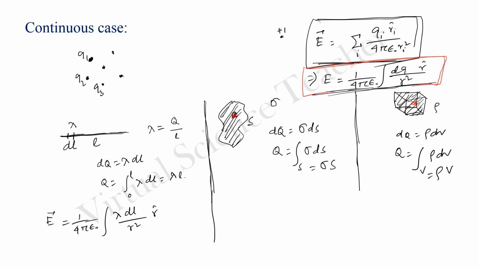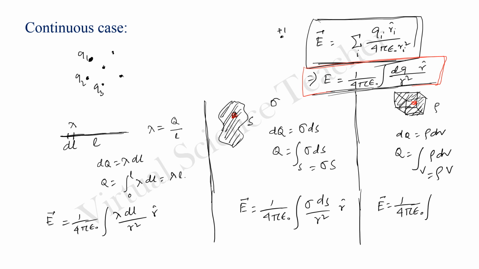For the two-dimensional case, where the surface belongs, the electric field looks like this: 1 by 4 pi epsilon naught, sigma ds by r square, r unit vector. And for the three-dimensional case, this looks like rho dv by r square, r unit vector.